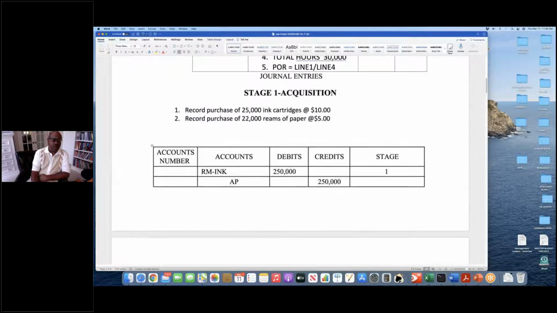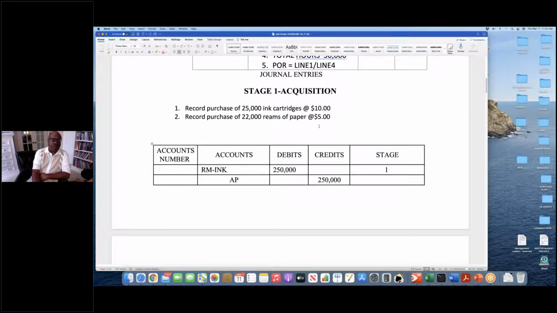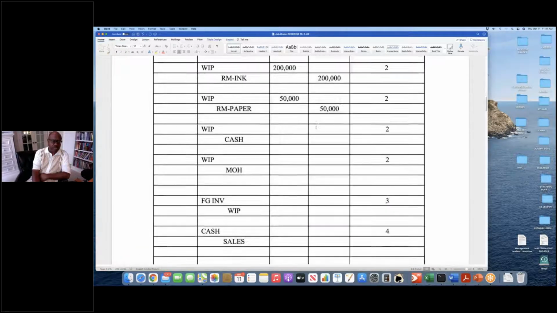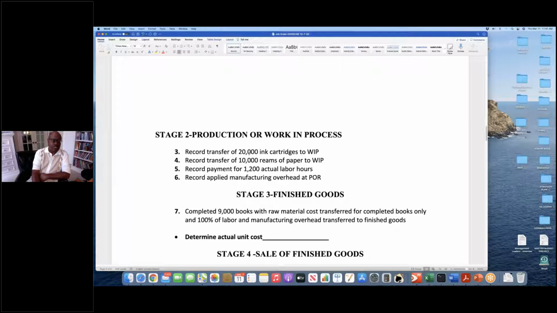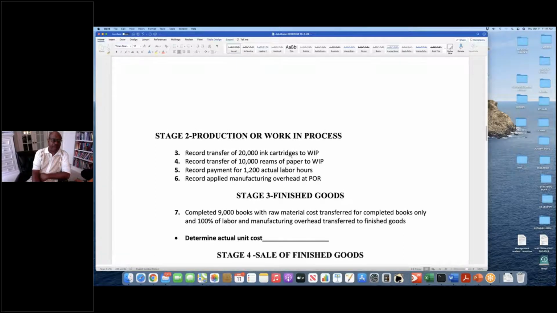So once again, we purchase more than we're going to use because we don't want production to be slowed down. But this just tells us that 20,000 ink cartridges, 10,000 reams of paper, 20,000 at 10, 10,000 at 5.